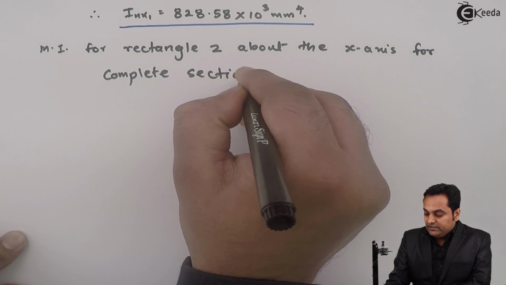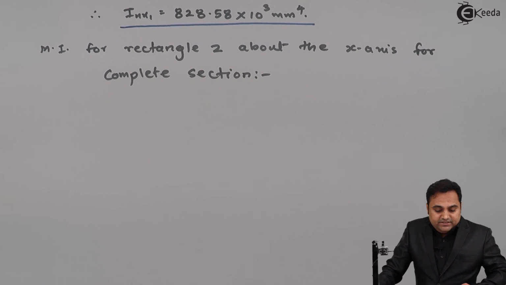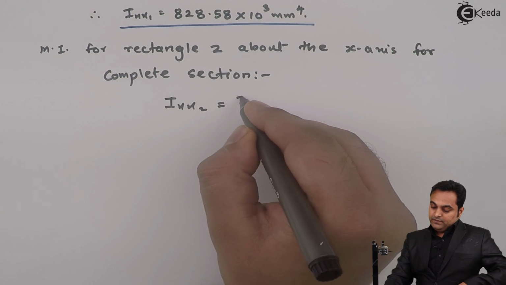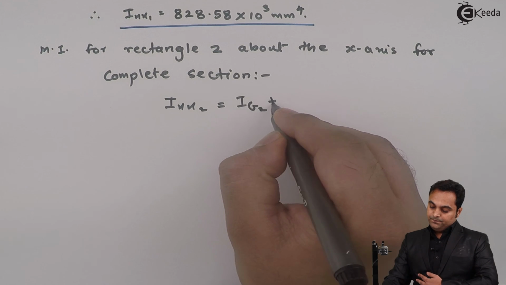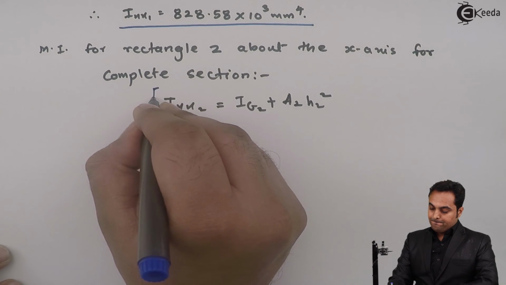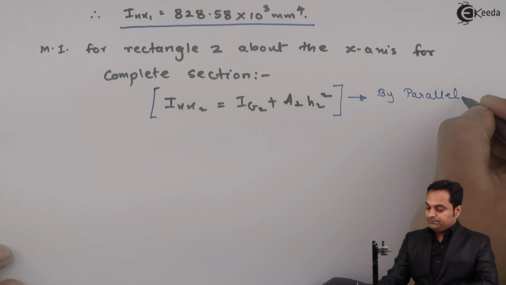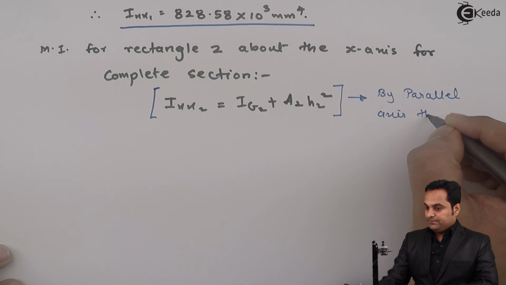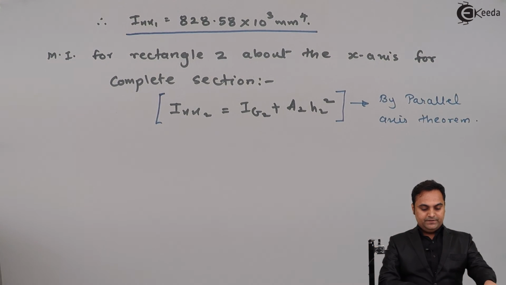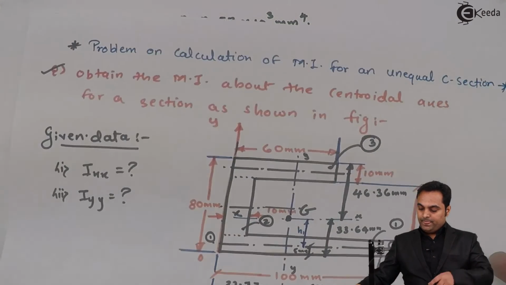So here we are finding the MI for rectangle number 2 about the x-axis of complete section, and for that purpose also we require parallel axis theorem. Ixx2 is Ig2 plus area 2 into h2 square by parallel axis theorem. And that I can explain here in the diagram.